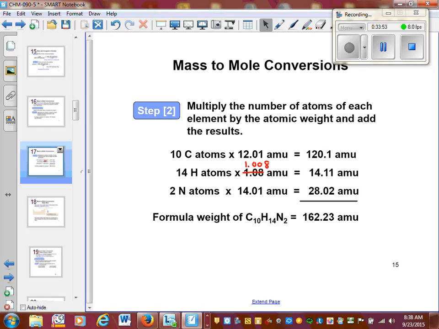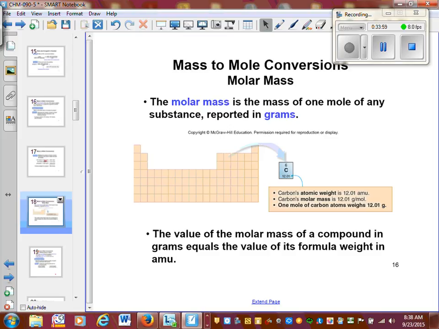Well, the formula weight is in AMU, so we're talking about adding up all the atoms. Molar mass, because you can't go in the lab and weigh out atoms, the molar mass is the grams. So if you look at carbon, its atomic weight is 12.01 AMU.